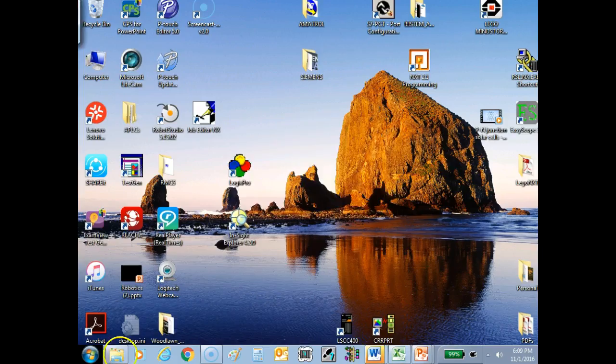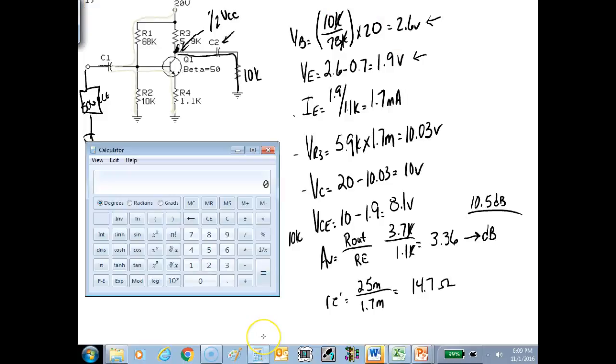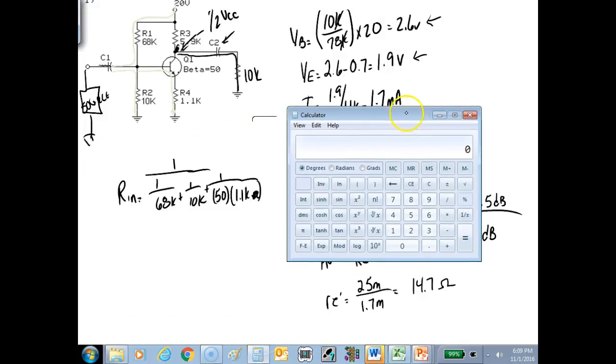Dang it. Close my calculator out. So 68 times 10 to the third, reciprocal, plus 10 times 10 to the third, reciprocal, plus, I'm going to close parentheses here.